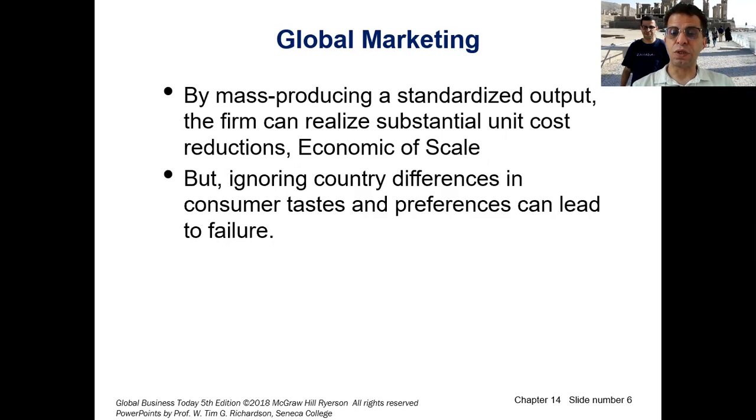By mass producing a standardized output, the firms realize a substantial unit cost reduction, which we took in economics called economies of scale. And we know the more you produce, the cheaper the unit gets. So that's economies of scale.